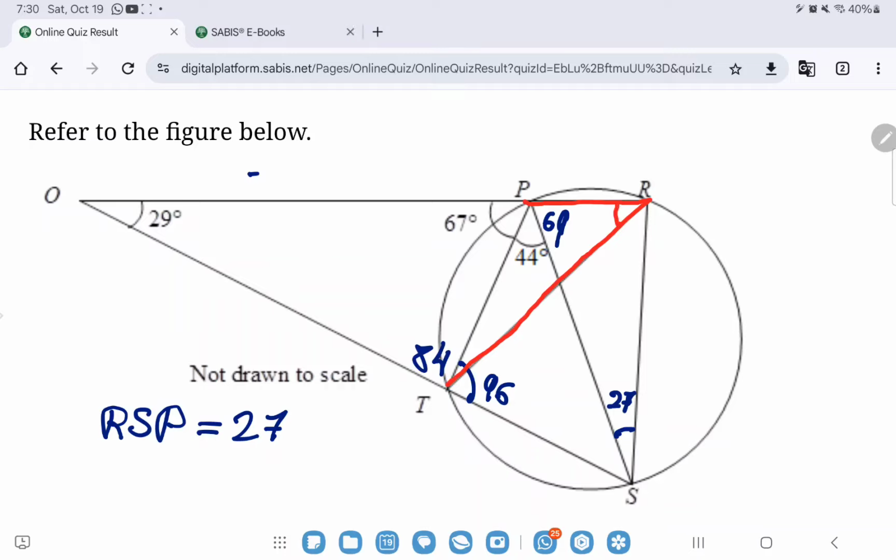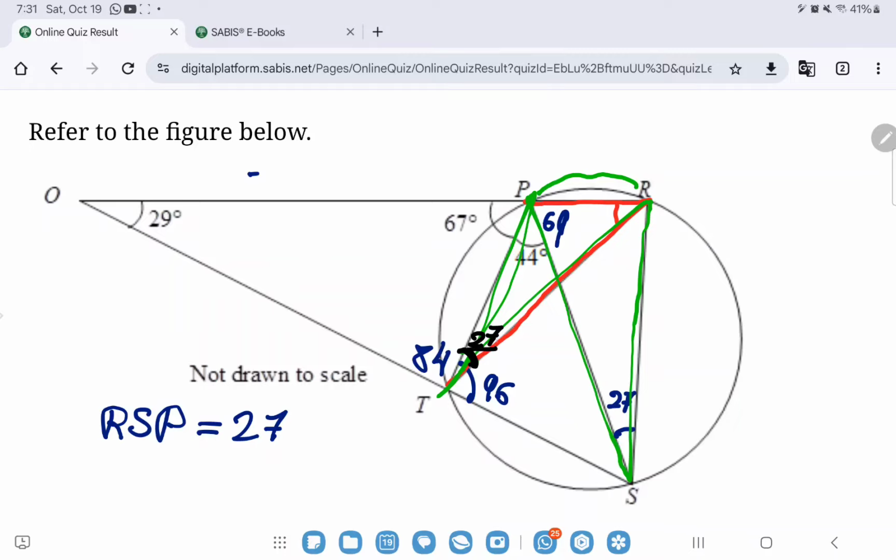Now, if you look here, you have this angle and this angle intercepting the same arc, which is here. So if this is 27 and they're intercepting the same arc, this angle here, let me draw it in black, is also 27.